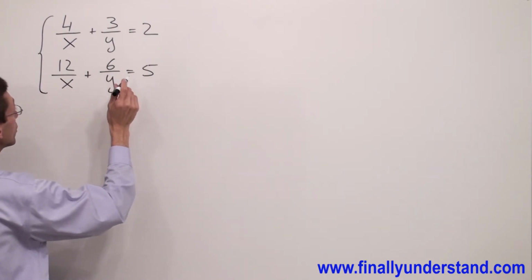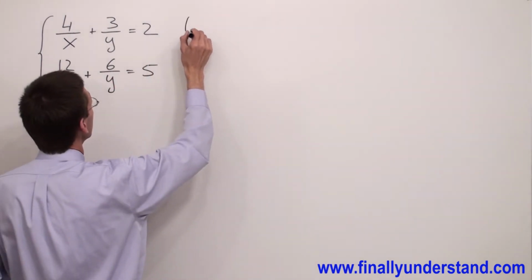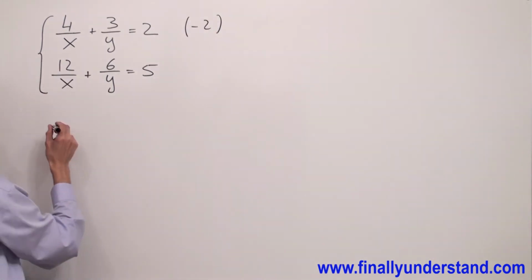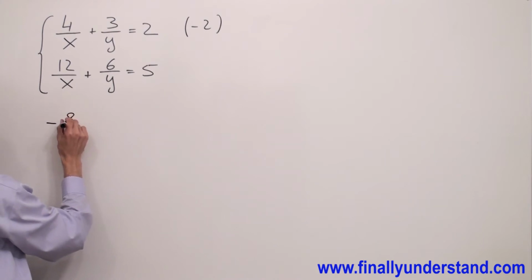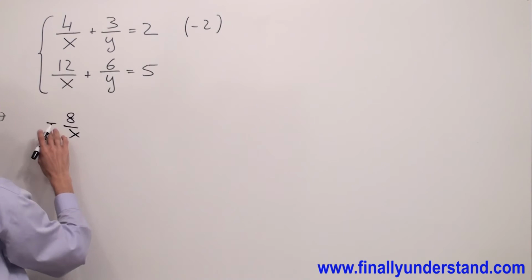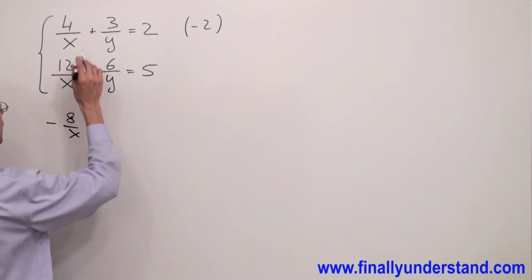If you multiply the top equation by -2, I'm going to obtain -8 over x, because 4 over x times -2 gives me -8 over x.